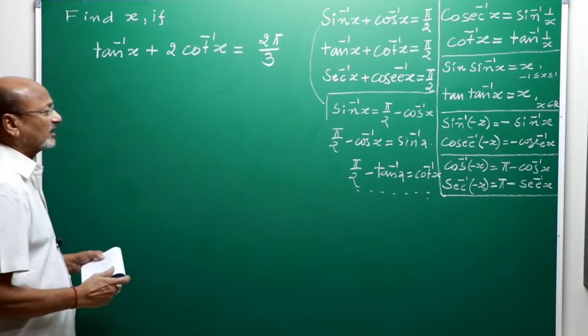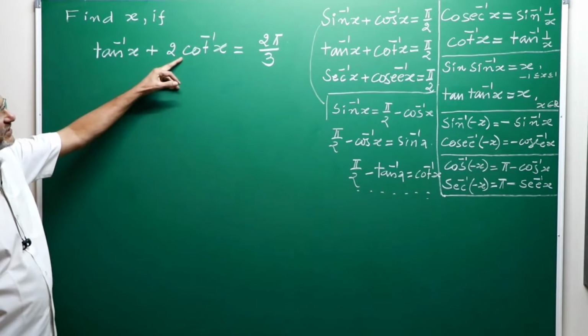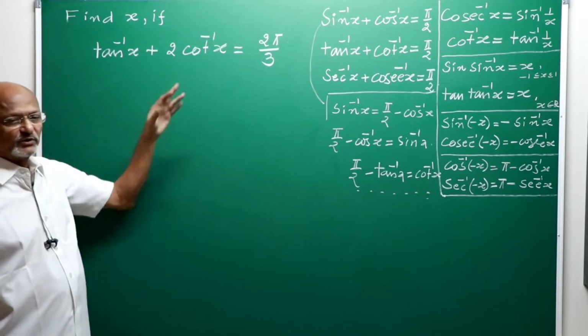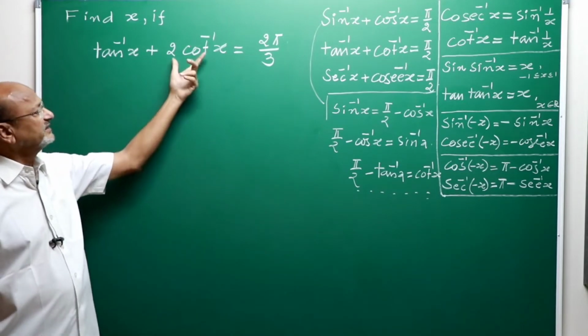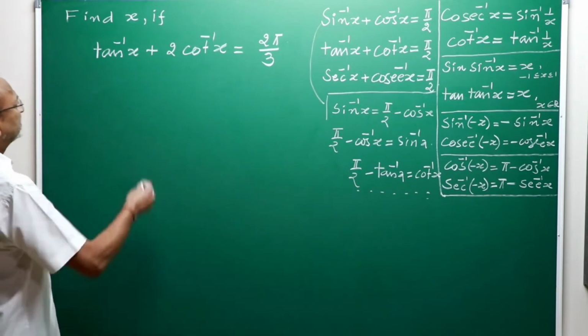See it. Tell me what is the method. Friend, instead of tan inverse x plus cot inverse x, it is given 2 times cot inverse x. This 2 times cot inverse x you can write as cot inverse x plus cot inverse x. Write it and bracket this.